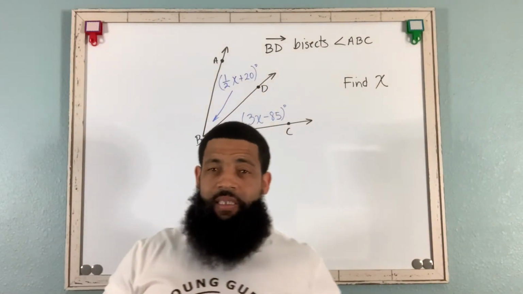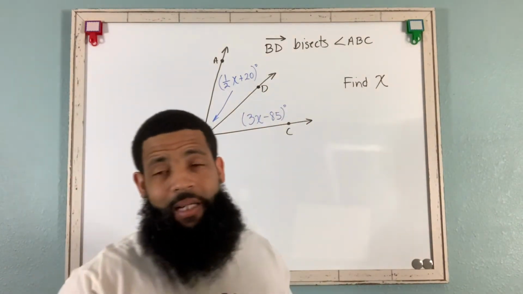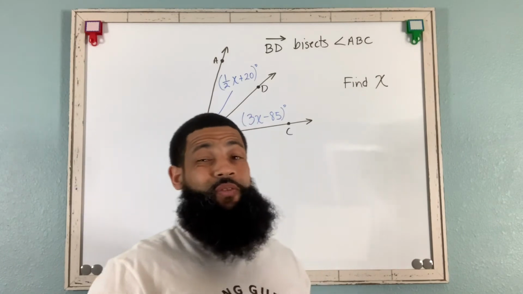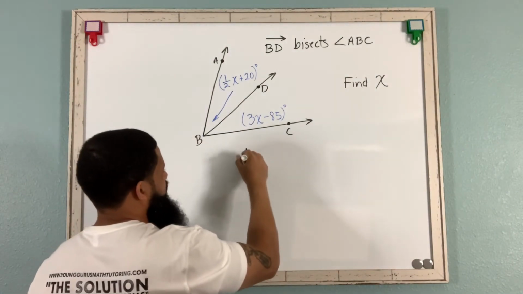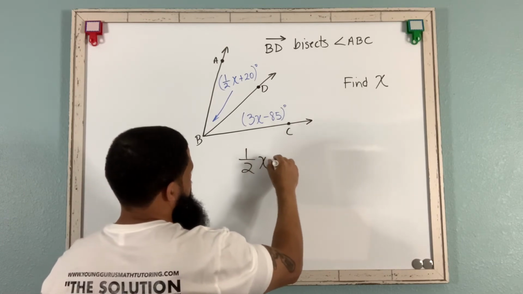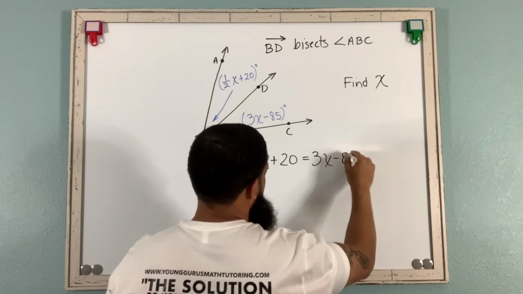For the last example, we have, once again, ray BD bisects angle ABC. I want to find the value of x. So I can simply say 1/2 x plus 20 equals 3x minus 85.